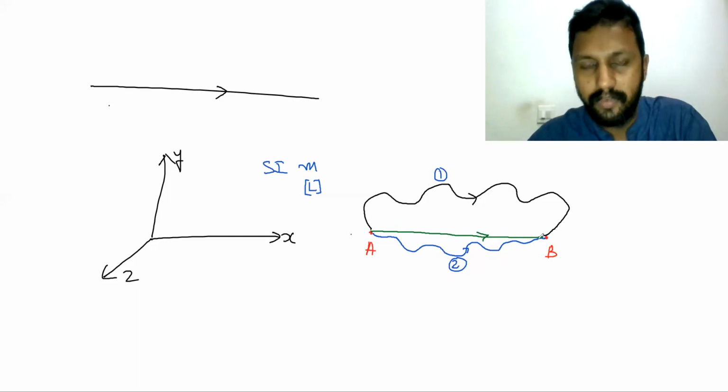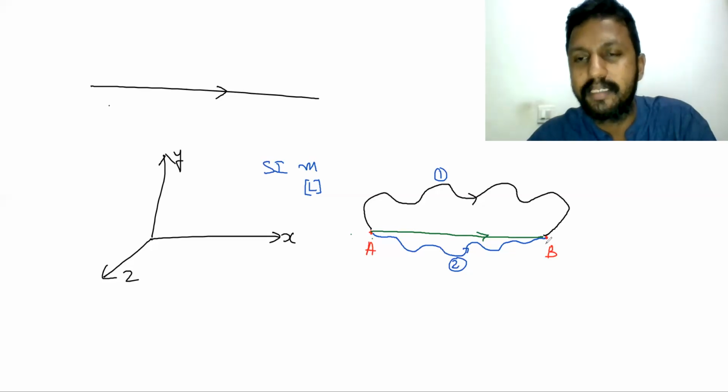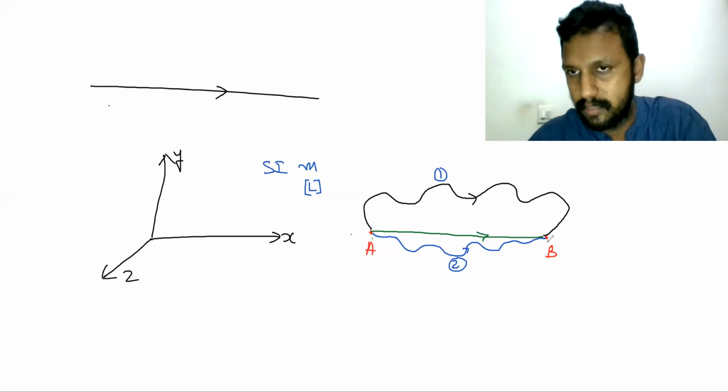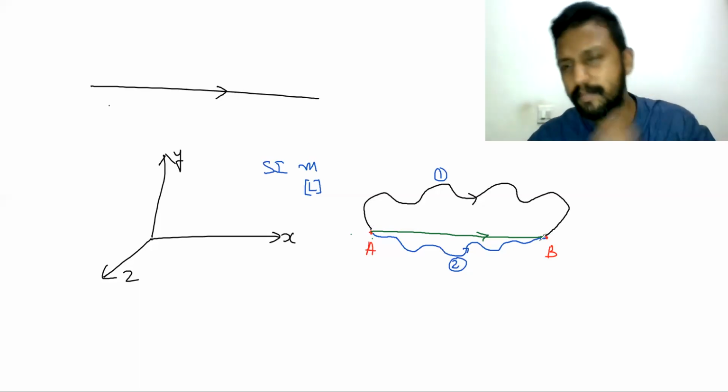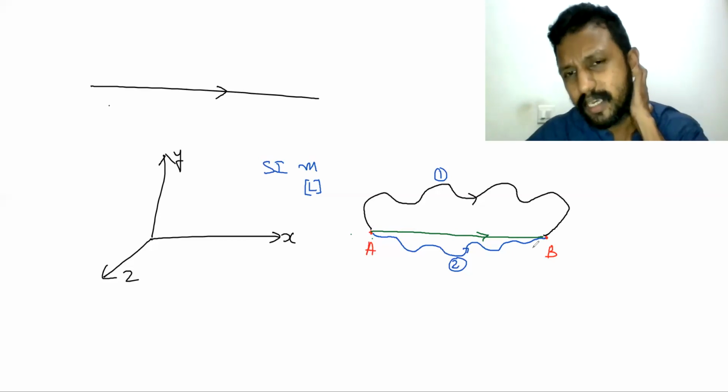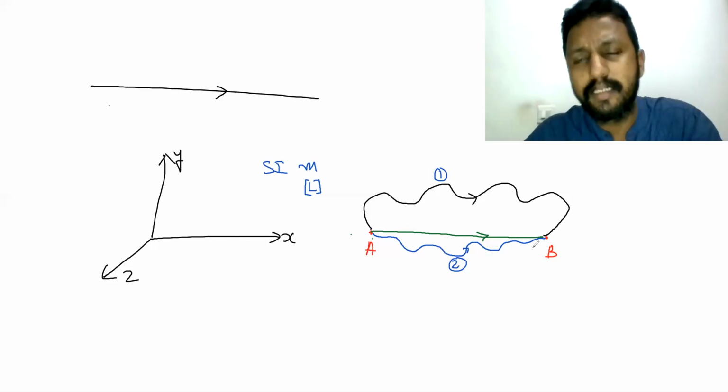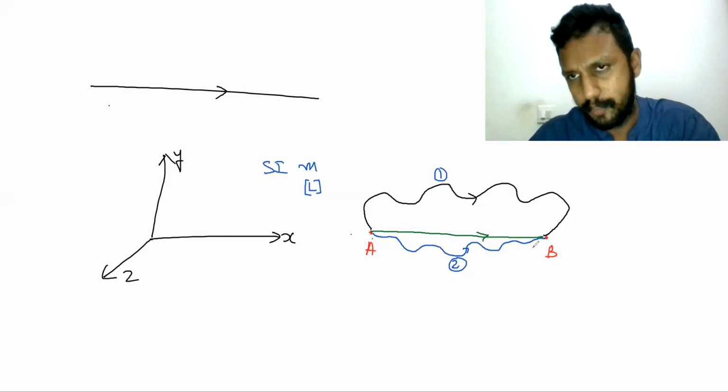That is, if a person is traveling through the black color path to reach B, and another person is traveling through the blue color path to reach the position B, both of them have the same displacement since the initial point and final point are the same. Clear? Therefore, we could say displacement is a vector quantity.